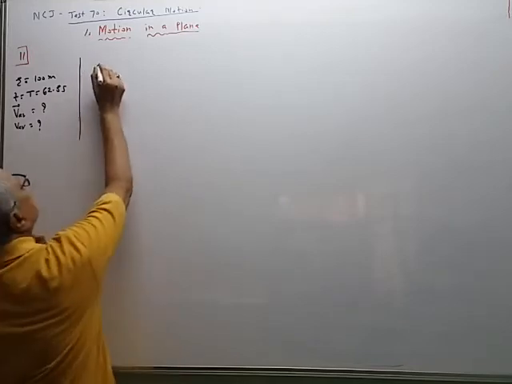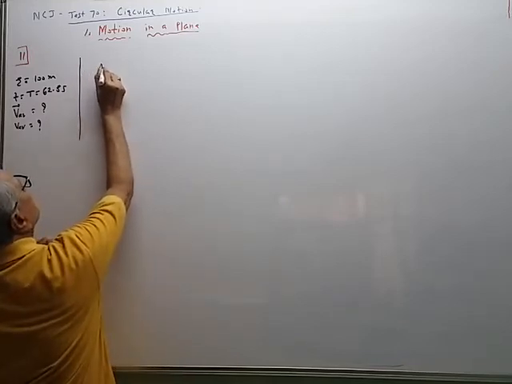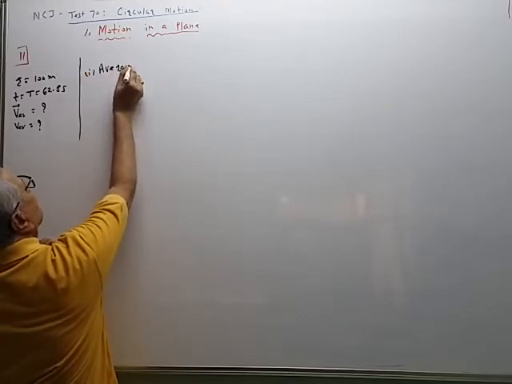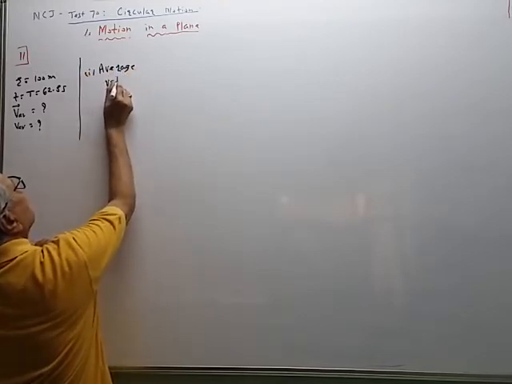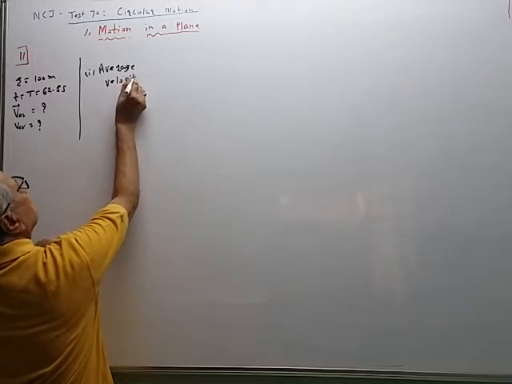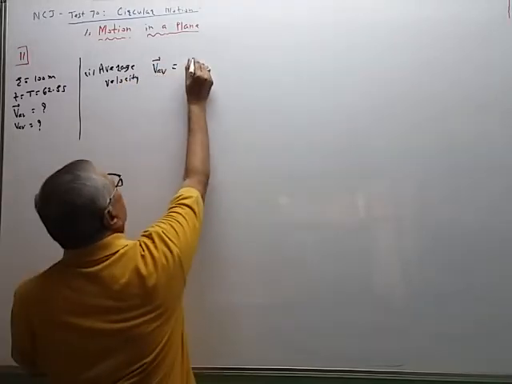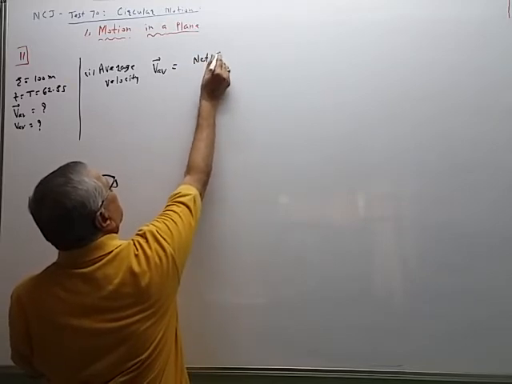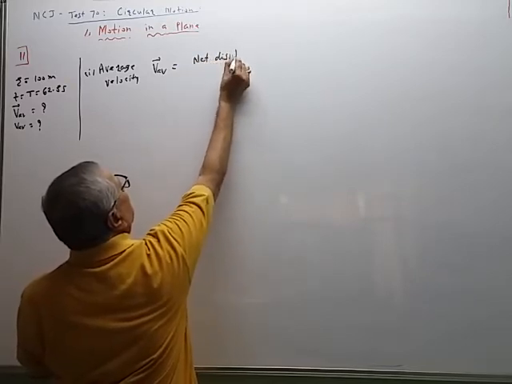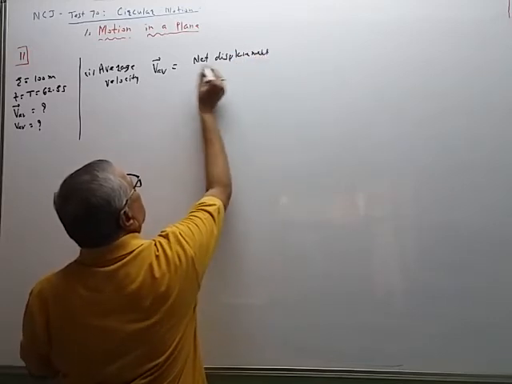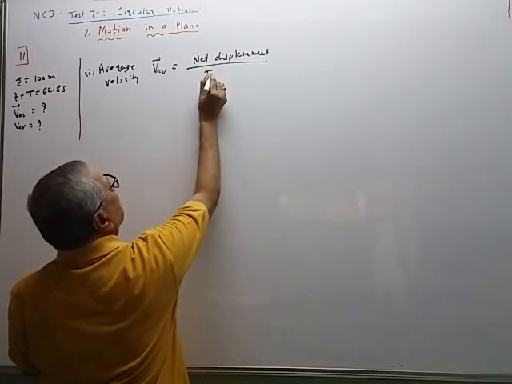So, first part, average velocity. V average is equal to net displacement upon time taken.